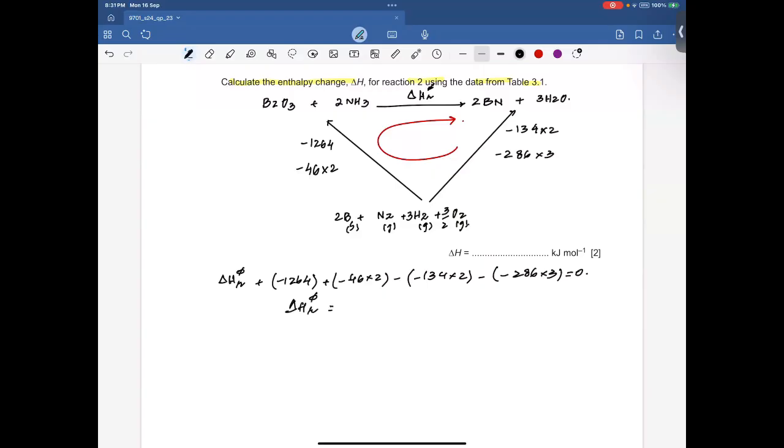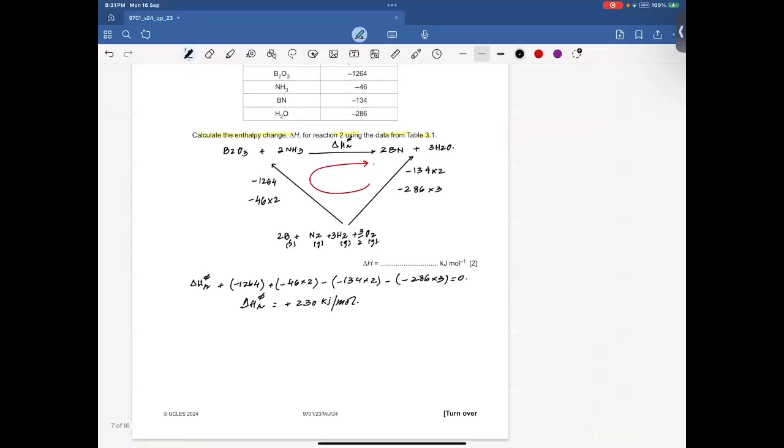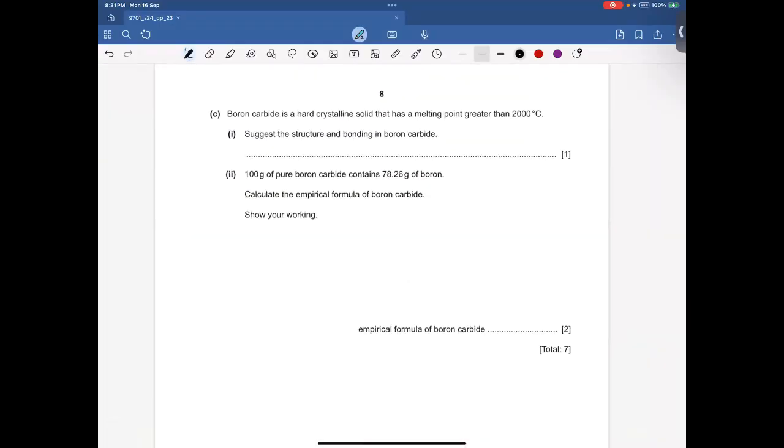So delta H of reaction is going to be how much? I believe it's plus 230 kilojoules per mole. All right. Let's move on to the next part.